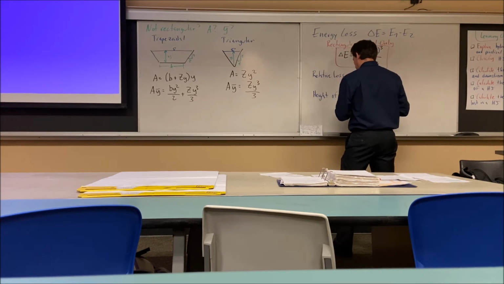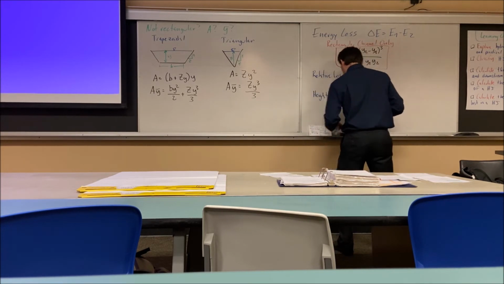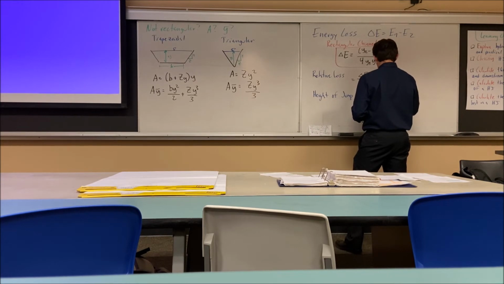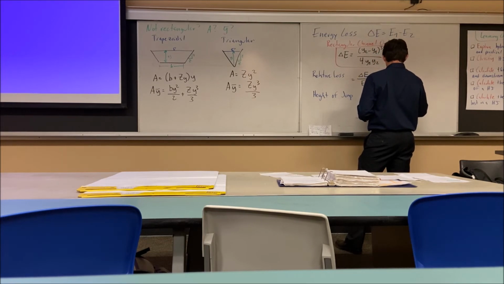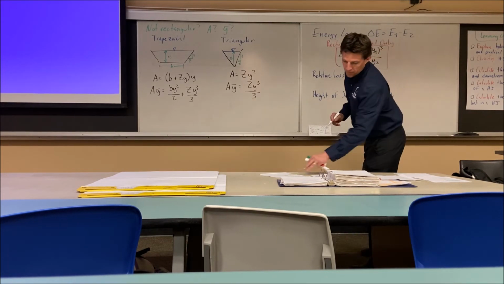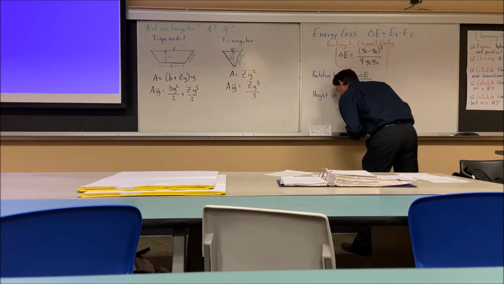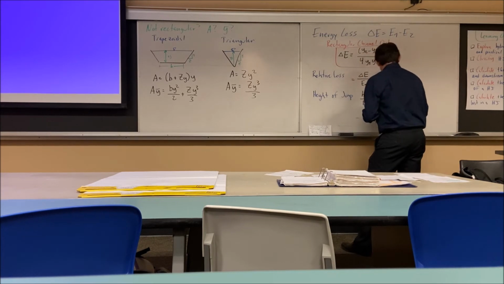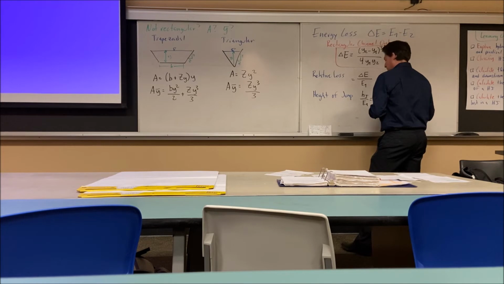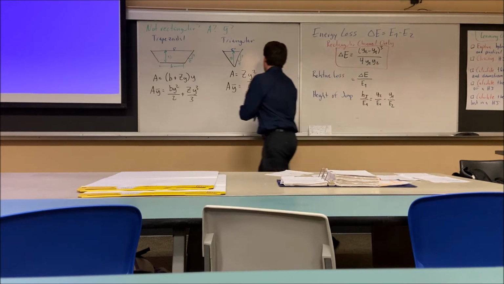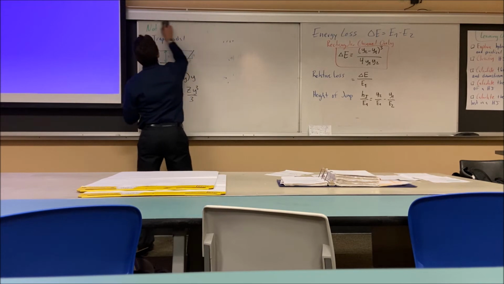The way to calculate that is going to be: height of the jump over E1 is going to be equal to Y2 over E1 minus Y1 over E2. And I'm going to move the next equation over onto this board, excuse me.